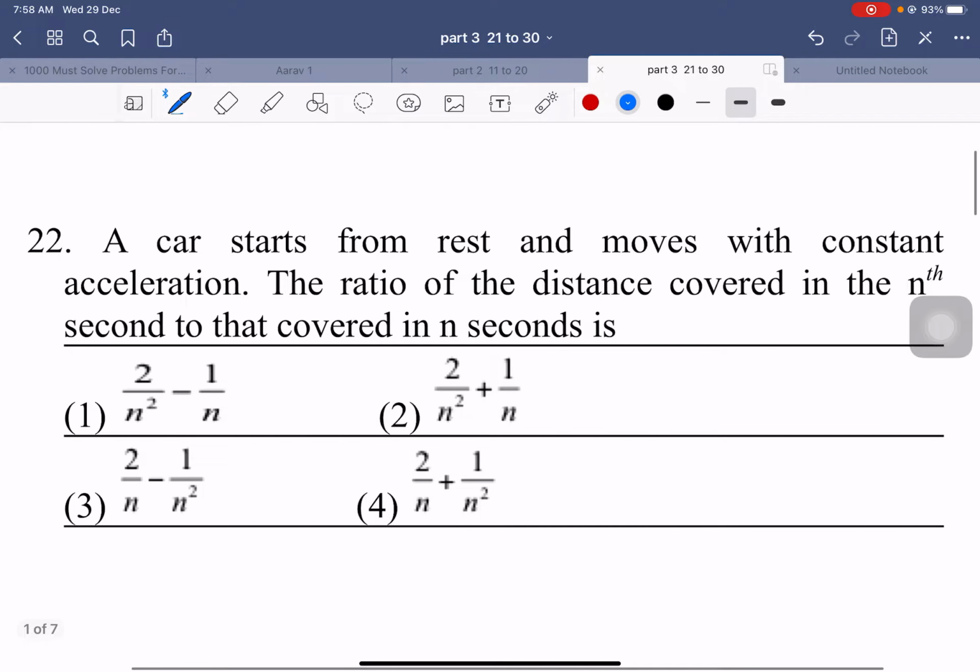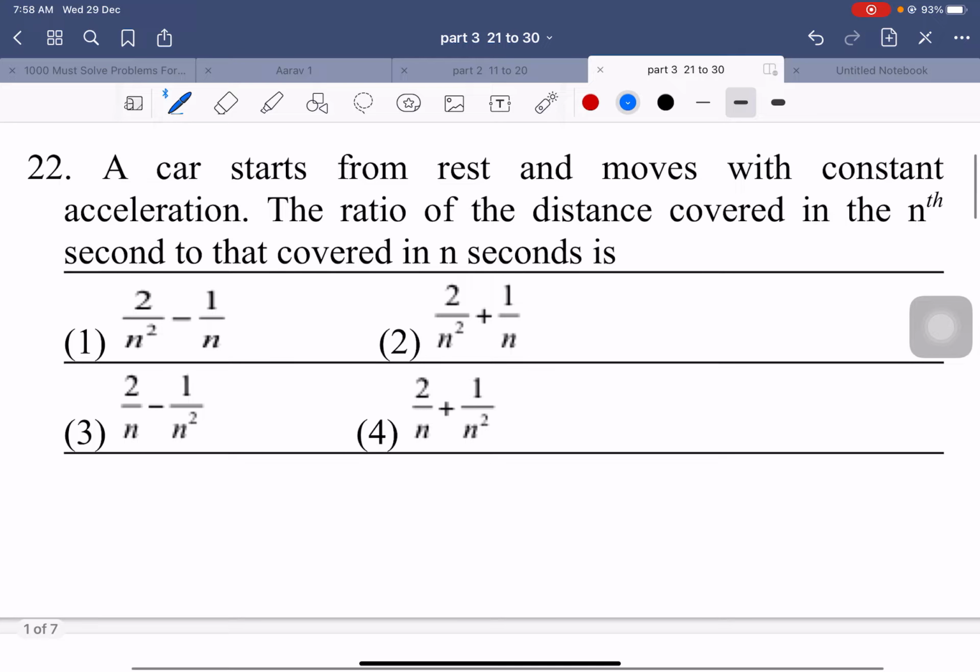Question number 22. A car starts from rest and moves with constant acceleration. The ratio of distance covered in nth second to the distance covered in n seconds is?